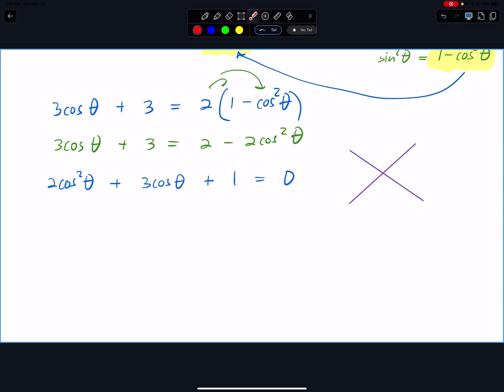So we're all in agreement that this just means 2x squared plus 3x plus 1. The only difference is it's cosines instead of x's, okay? So multiply a times c, I get 2 and 3 is the middle term. So my magic numbers are 2 and 1.